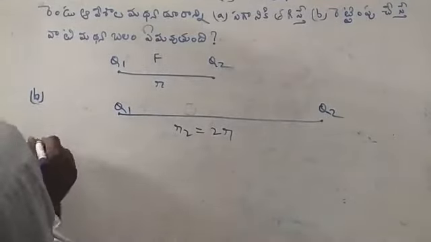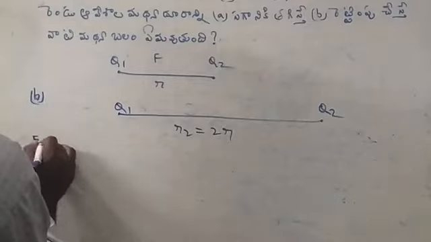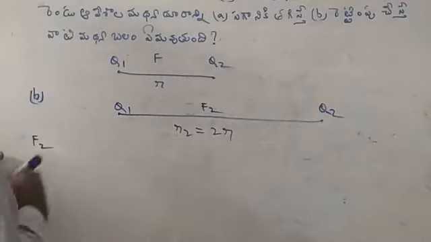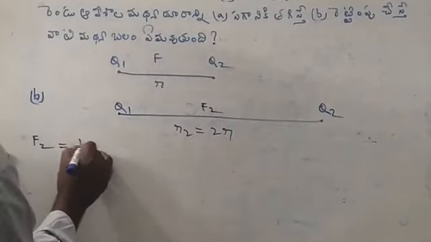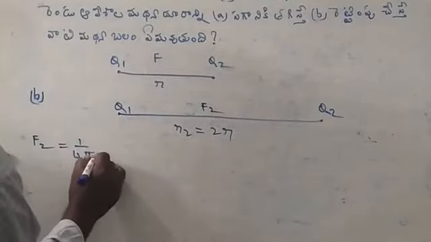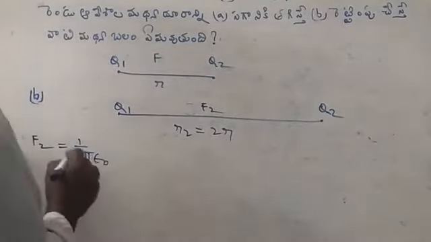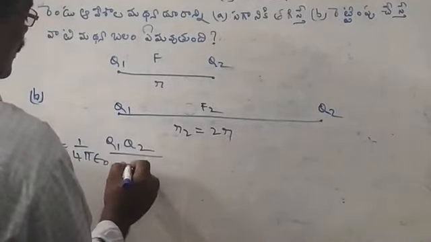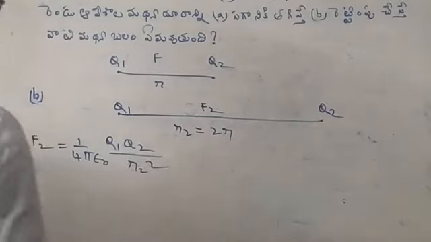In this case, the force between the two charges is F2. F2 is equal to 1 by 4 pi epsilon naught, this is constant, into Q1 Q2 by the same formula, R2 square.